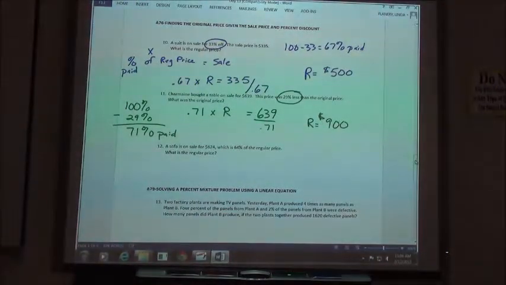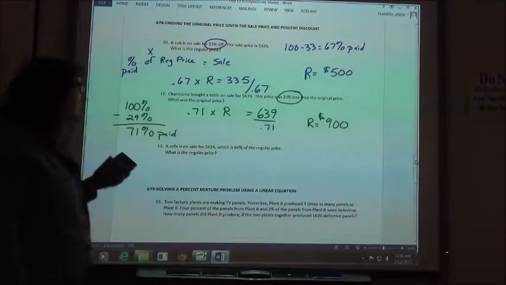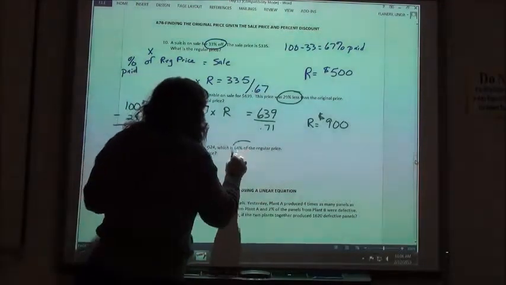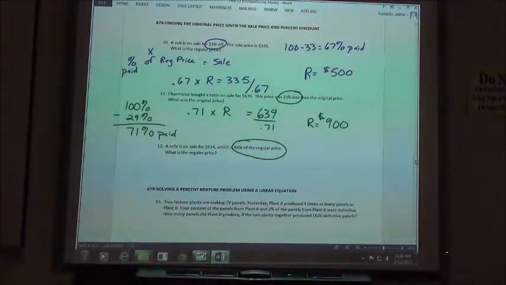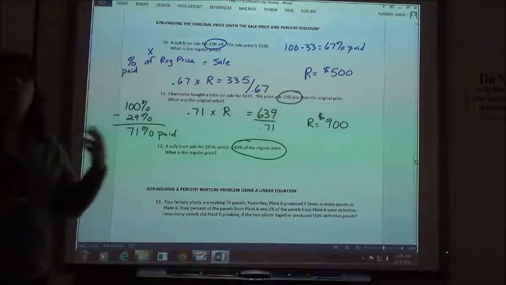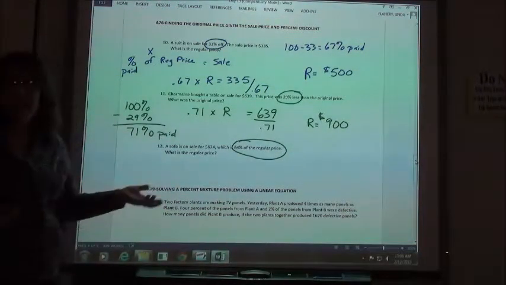The next one says a sofa is on sale for $624, which is 64% of the regular price. This time they are giving you the percent that you actually paid. It doesn't say less or discount or lower or anything like that.